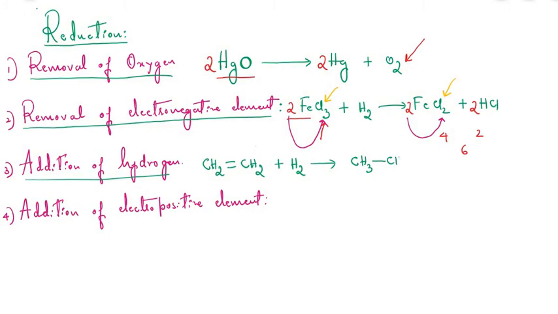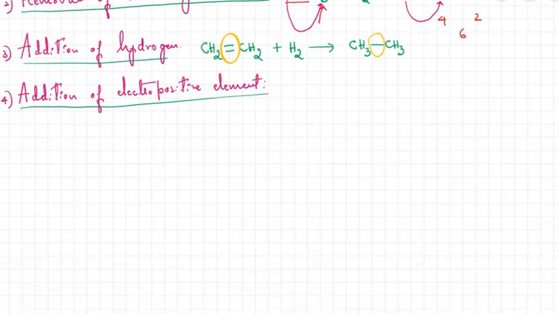Very simple reaction. Is it clear, students? So addition of hydrogen is called as reduction. So the double bond which is present between these two carbon atoms is converted into single bond between these two carbon atoms.